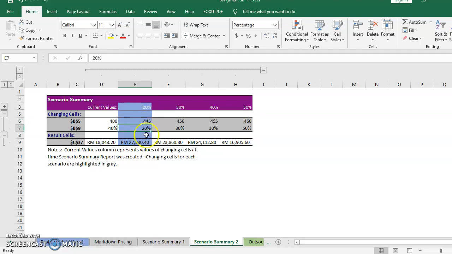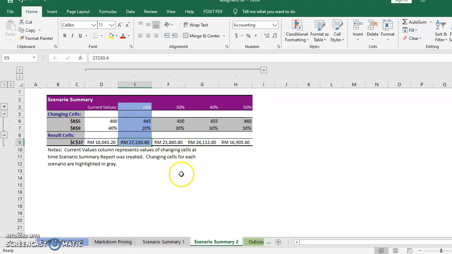I am applying this clearance markdown sale because there is huge demand for the clearance old stock, and the profit is increasing to 27,230 ringgit 40 cent from 80,000 to 27. So it can be used for the markdown price.